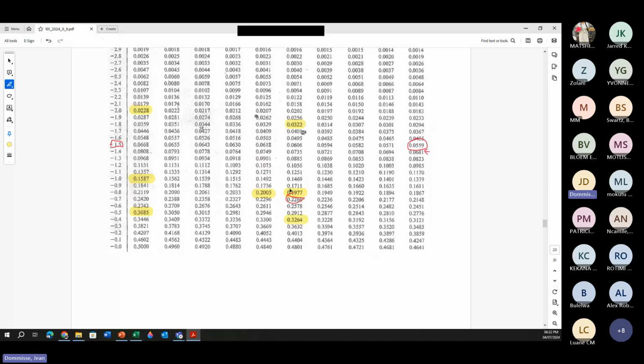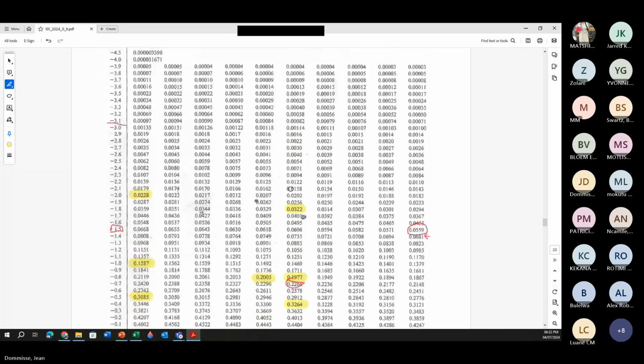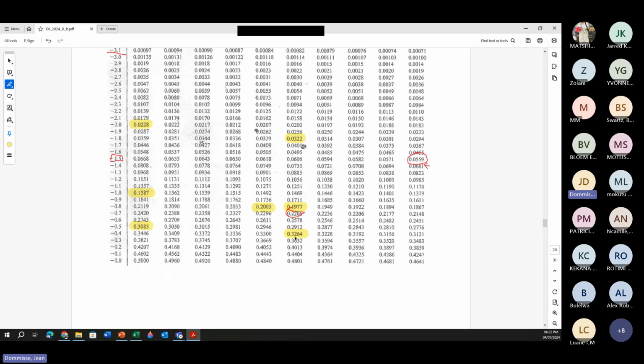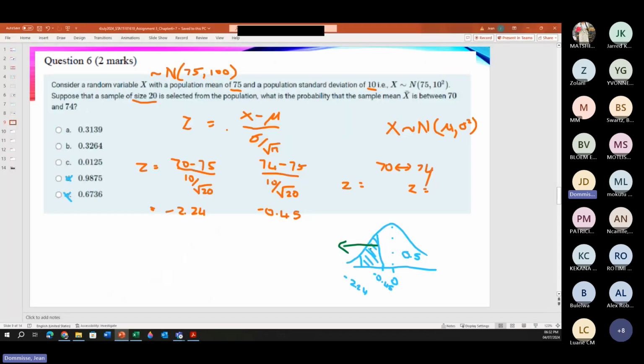Let's just check. Yeah. So it is 0.3264. So the Z smaller is 0.3264. Just check again, 3264. Very quickly, one could have said, there it is.